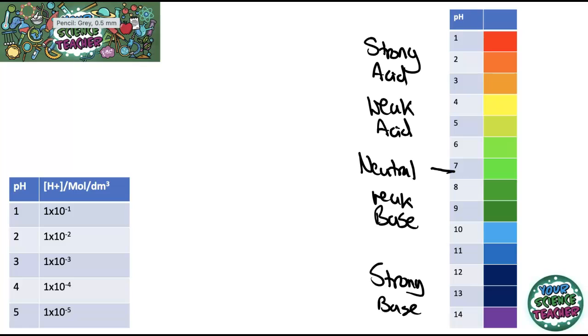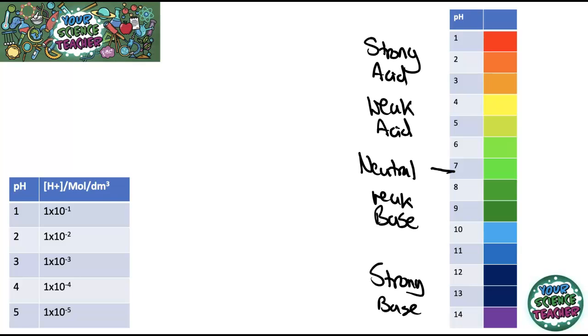Now, next to them, they've got colours, and these are the colours that we would expect universal indicators to turn in the presence of the acid, base, or whether it be neutral. And in an exam, you might get asked to predict what colour an acid or a base would turn if it was placed inside one of these pH substances.